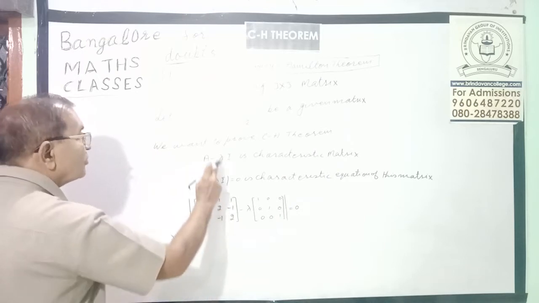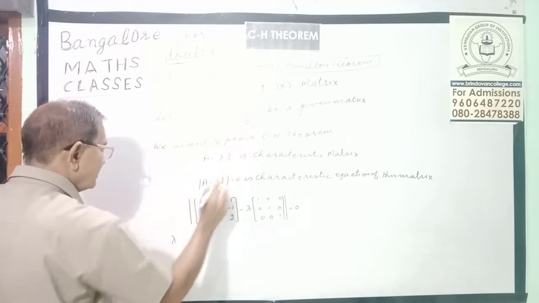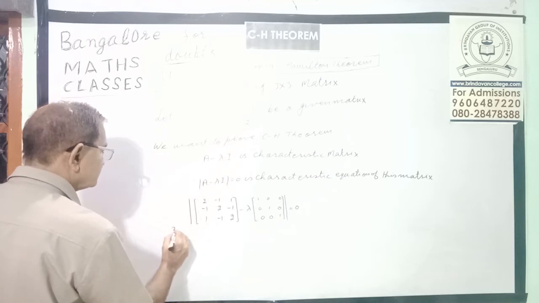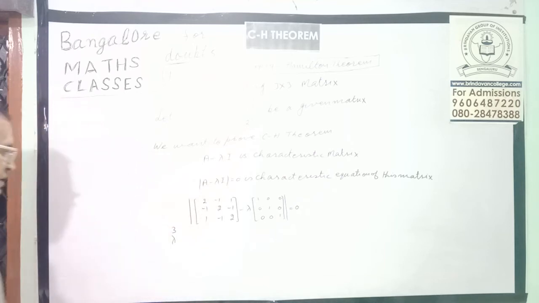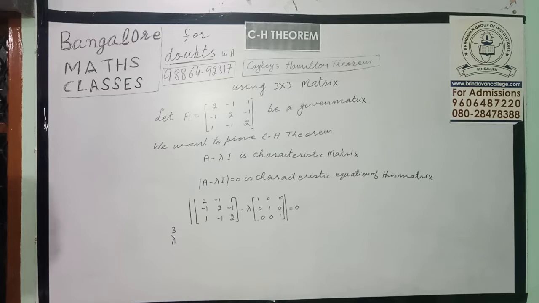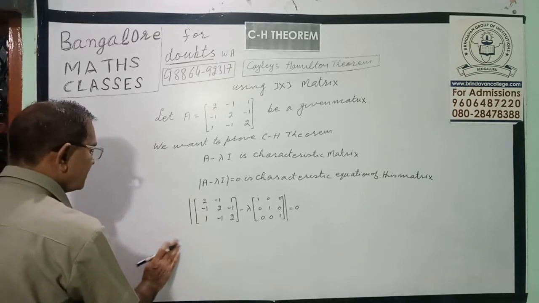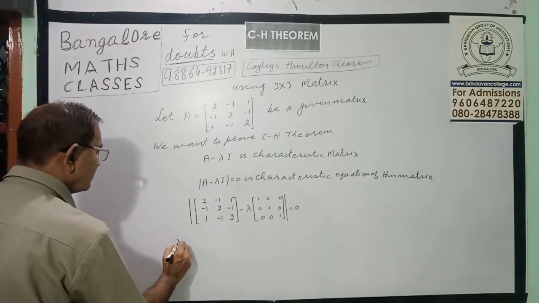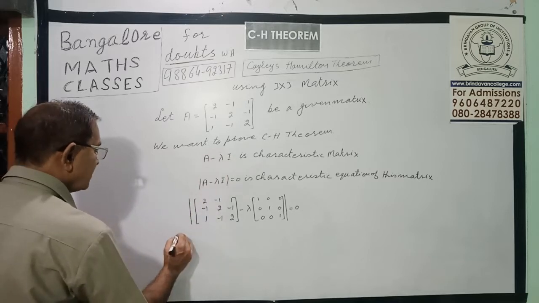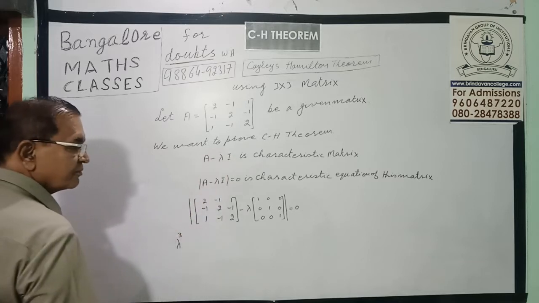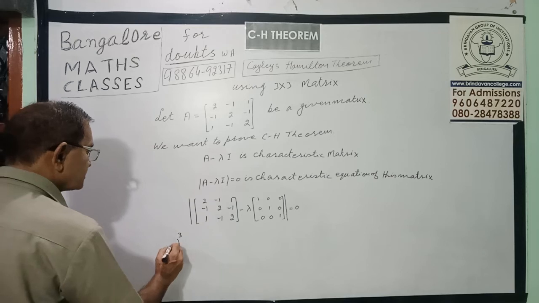Lambda now, since it is 3 by 3, put power 3. See carefully: whatever is the type of the matrix, that is the power of lambda. It is with a positive sign.